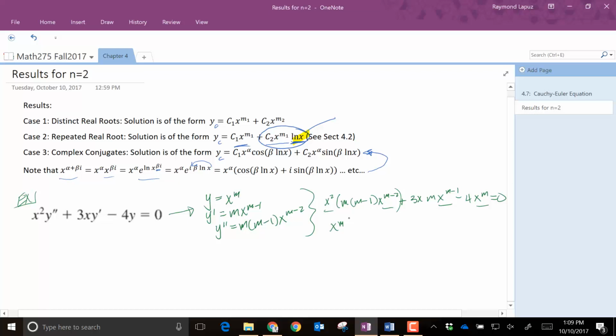We can take that out and divide it out. What do we have left? We have m squared minus m plus 3m plus 4. And this is your auxiliary equation.